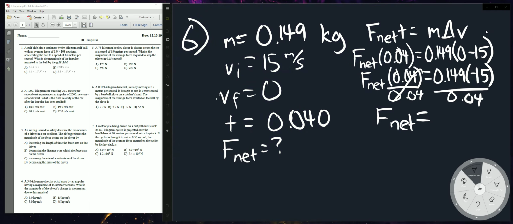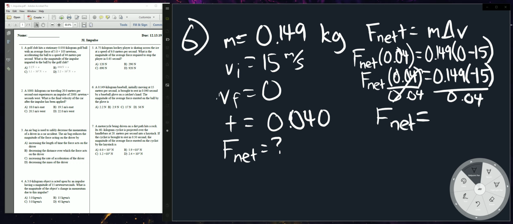Just from looking at this, it's either choice C or choice D. It's choice D. Yep, choice D. So the answer is somewhere around 56 newtons. And that's your answer, D.